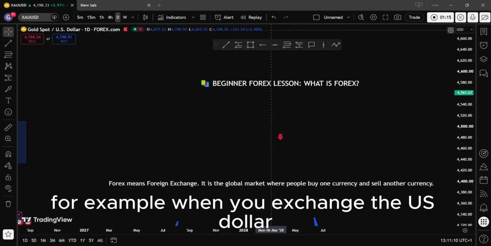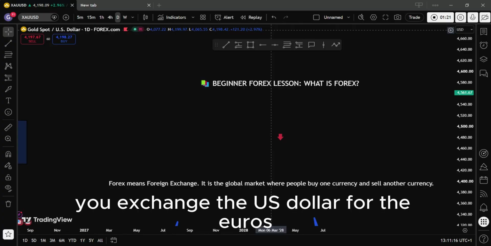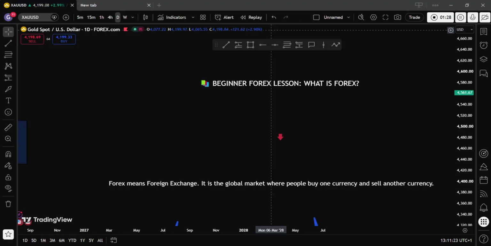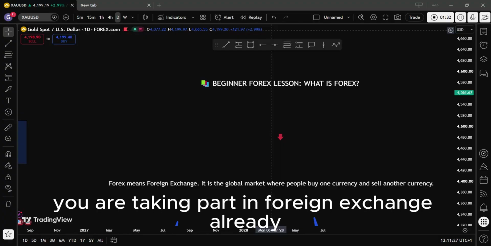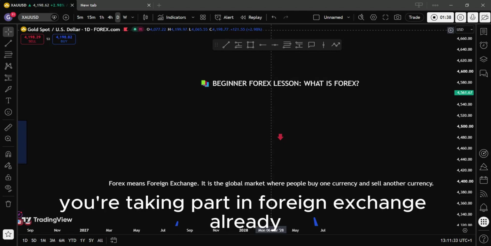For example, when you exchange the US dollar for the euros, you are taking part in foreign exchange already.